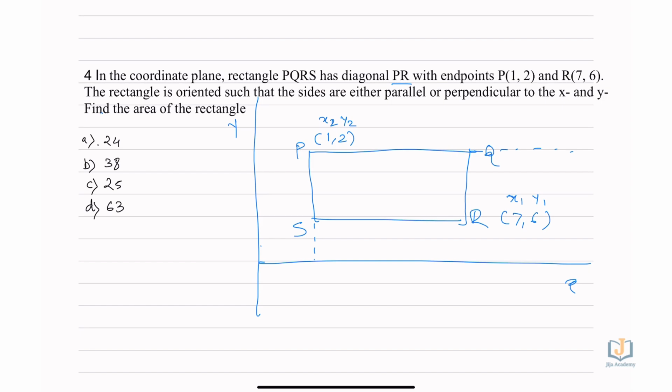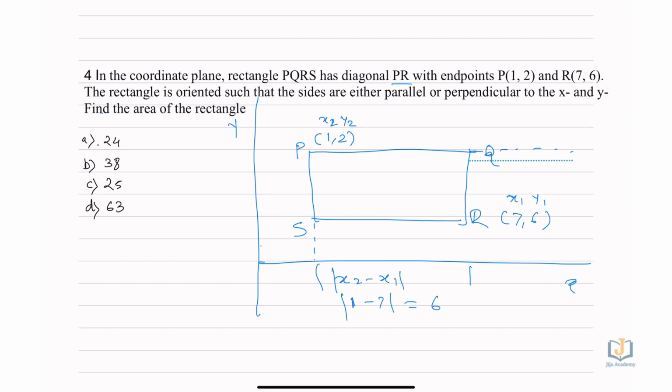So the distance between here and here is x2 minus x1, so 1 minus 7 is 6.